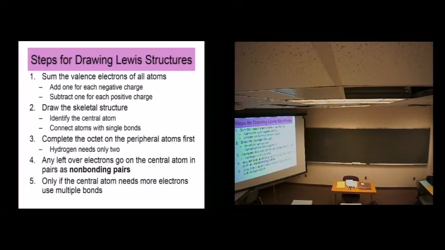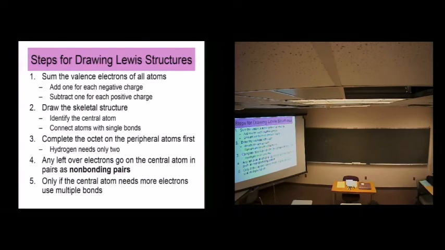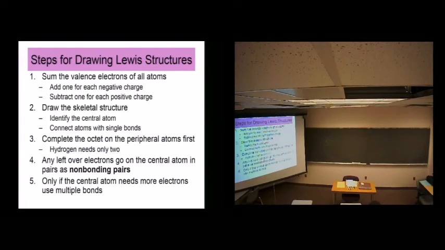You have 20 electrons, and you took away 4, that leaves 16, and then you have to complete the octet. So keep going, 1, 2, 3, 4, 5, 6, 7, 8, do the same thing on that side. 2, 3, 4, 5, 6, 7, 8.